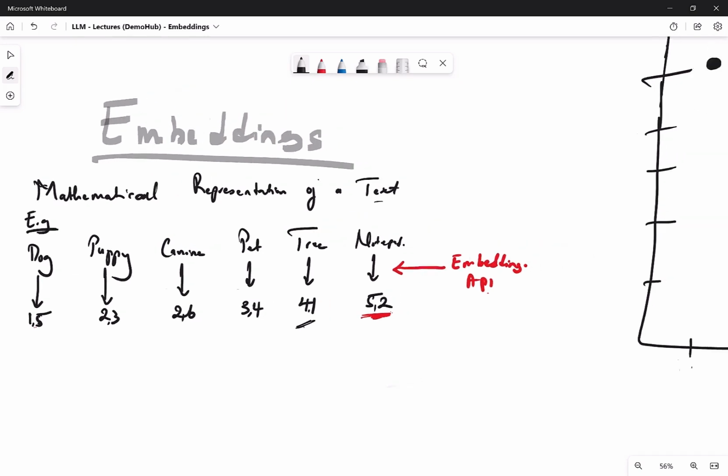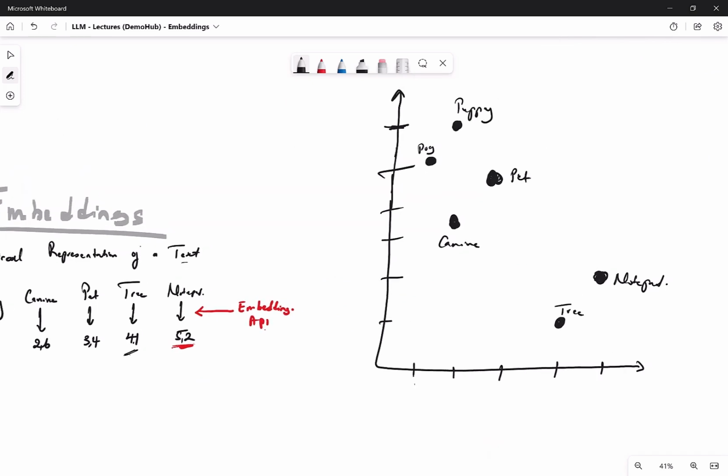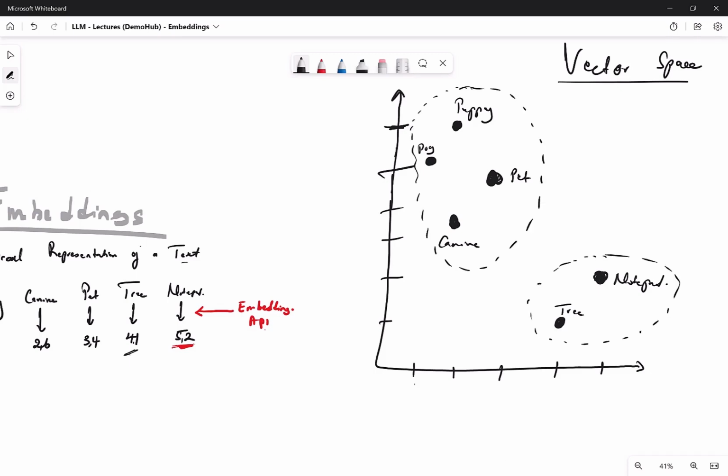If we take a look at this, let's do some simple clustering around the embeddings on the vector space representation. There is an obvious clustering here from a Euclidean distance perspective. Here is clustered, here is clustered. Just by drawing intuition from it, it all makes sense why this is clustered.